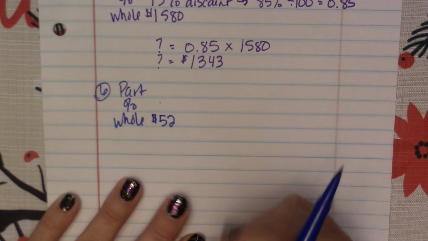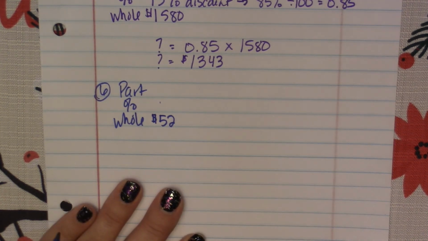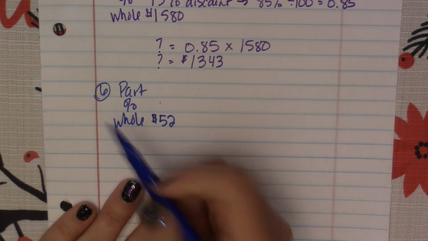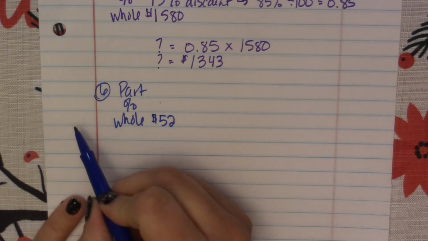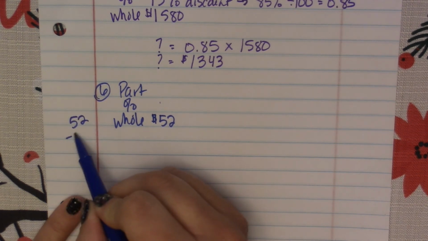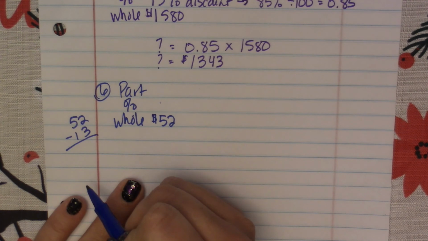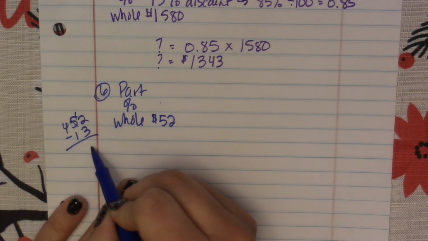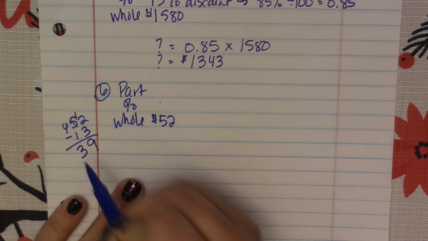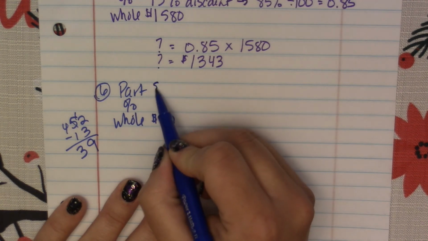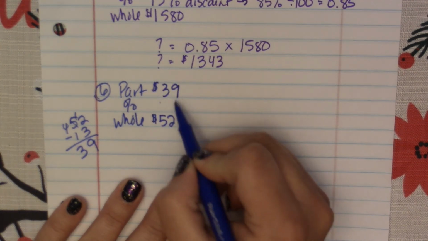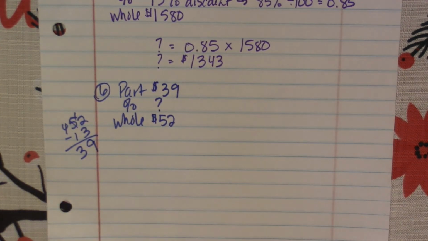So that's our whole, what it normally is, but it's on sale for $13 less. So we need to find what that selling price is. So over here to the side, I'm going to do a little extra work. I'm going to do 52 minus the $13. So the selling price would be $39, and we're trying to find what that discount is.